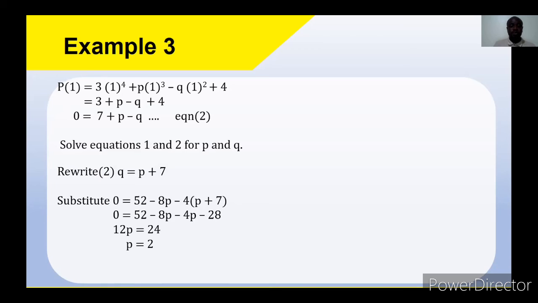If p is equal to 2, we are now left with a basic equation to solve for q. What do we do? That's it. We substitute p equal to 2 in the equation q is equal to p plus 7. Thus, q is equal to 2 plus 7, q will be equal to 9.